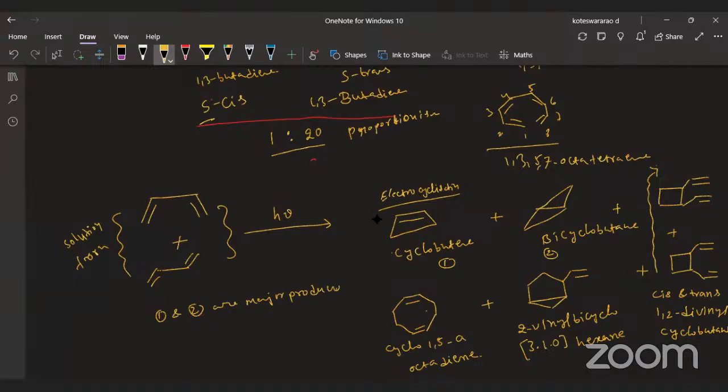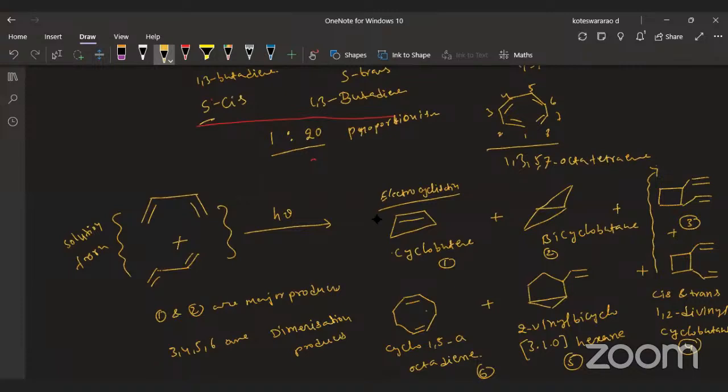The remaining products 3, 4, 5, and 6 are dimerization products.